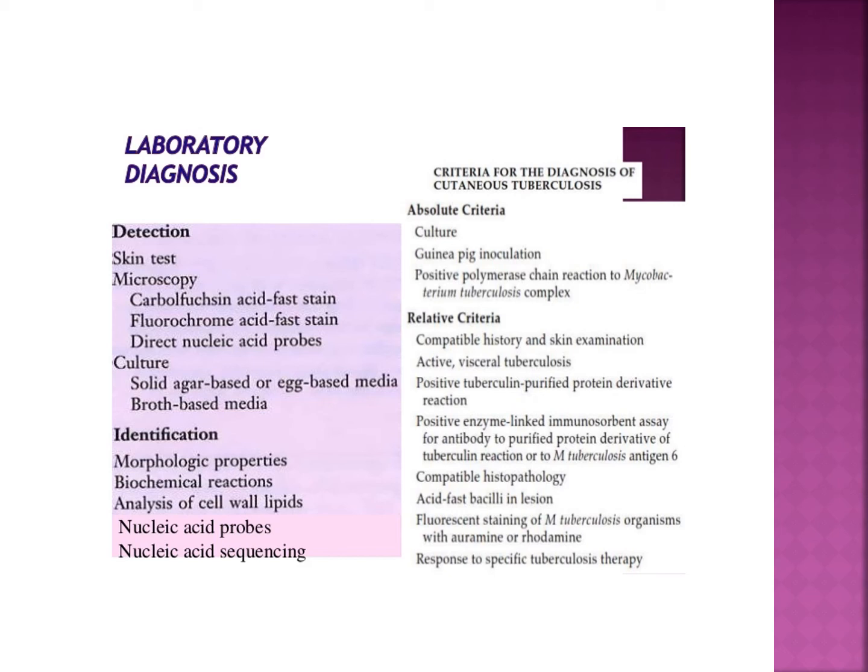In the relative criteria, history, family history, skin examination, clinical examination, and any test by enzyme-linked immunosorbent assay for antibodies to purified protein derivative of tuberculin reaction, or ELISA against Mycobacterium tuberculosis antigen 6, or with staining if we see the bacilli in the lesion, and fluorescence staining for Mycobacterium tuberculosis with a stain other than Ziehl-Neelsen stain, which we will discuss later, with auramine or another dye like rhodamine.